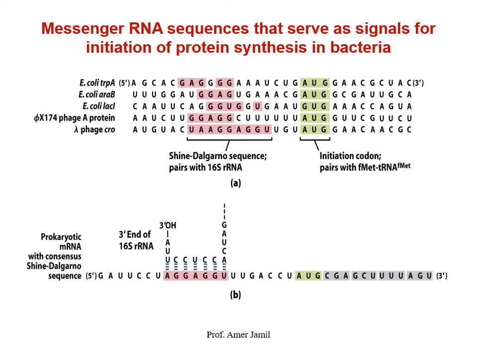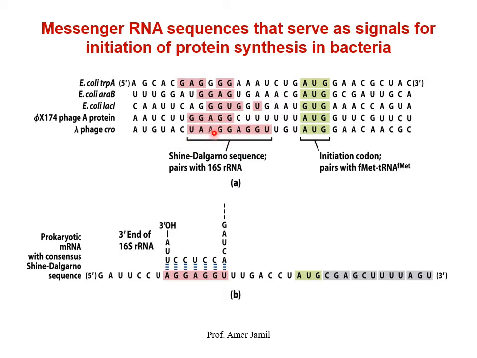Before going further, this is the Shine-Dalgarno sequence, named after the scientists who discovered it, and these are different messenger RNAs for different genes in bacteria, in E. coli.